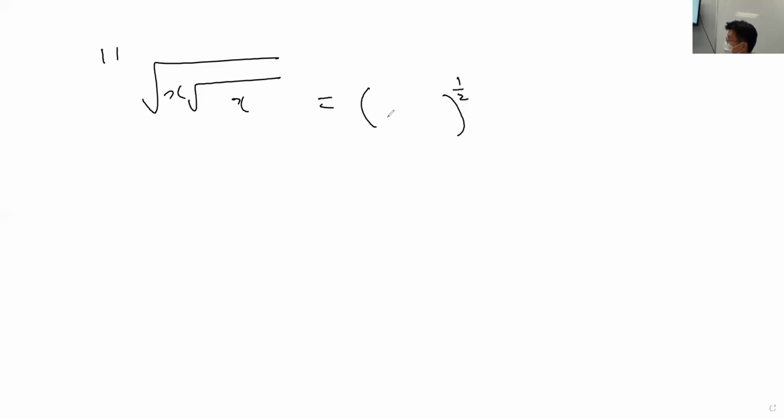Okay. And then 11. Like this. So the radical means 1/2. So you take out the outside radical, you put 1/2, and then x, and then another x to the 1/2. You can put it this way, because this radical goes this way.